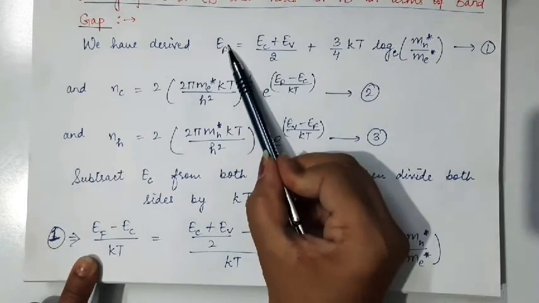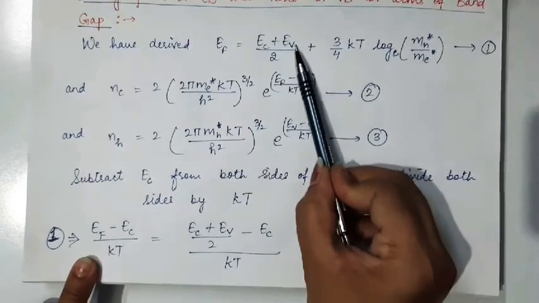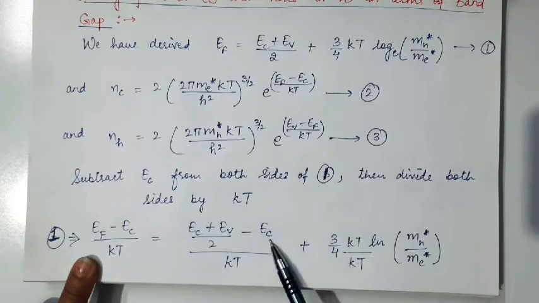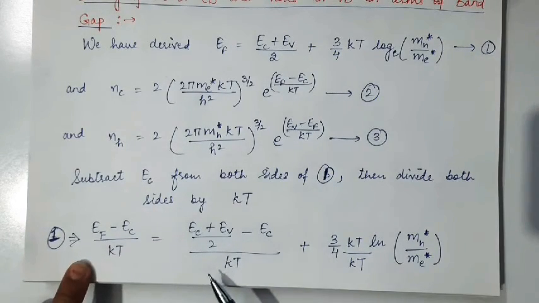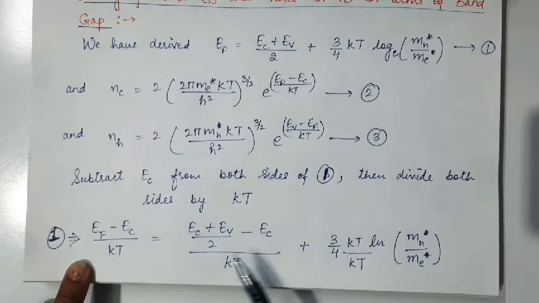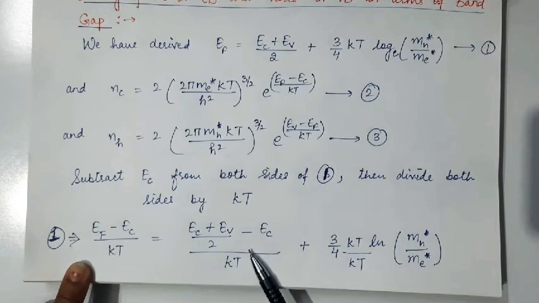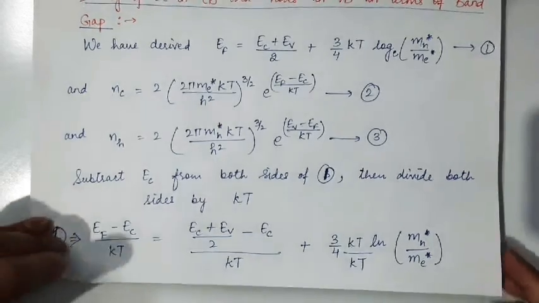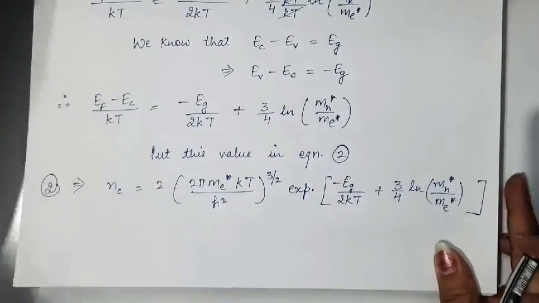So minus EC from this side and minus EC from this side, then divided by KT on both terms. This KT and KT will be cancelled out. Take the LCM here and we will get EV minus EC by 2. So we will get this equation.